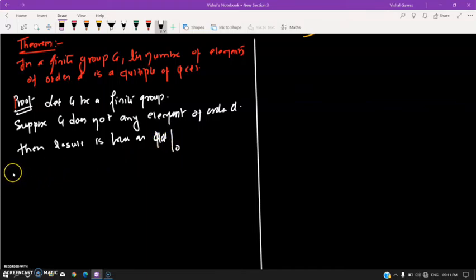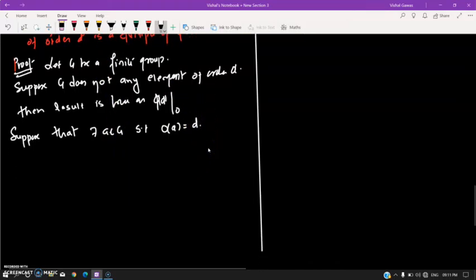So suppose that there exists A in G such that order of A is D. Then what happens?